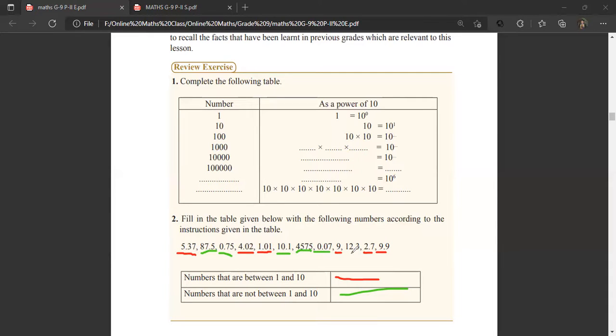Why 0.07? Yes, 12.3. Then 6 numbers belong to between 1 and 10, and the other 6 are not between 1 and 10.